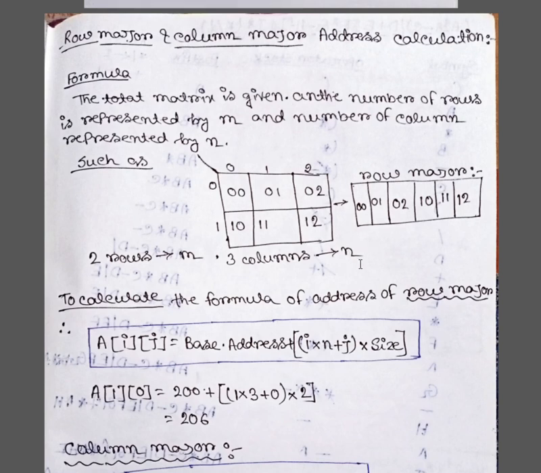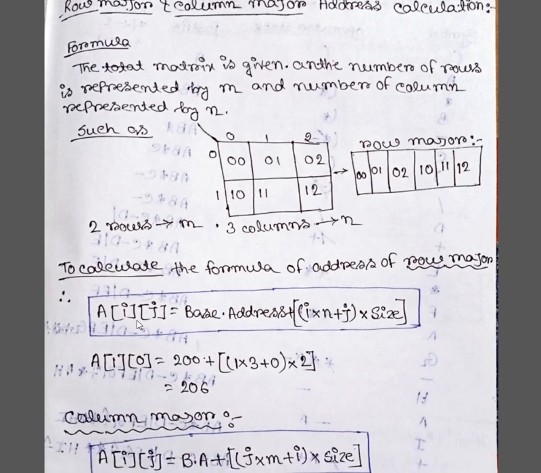Suppose we have to find out the address of the 1, 0 position according to row major. So according to the row major formula, at the 1, 0 position, the base address will be given to you.